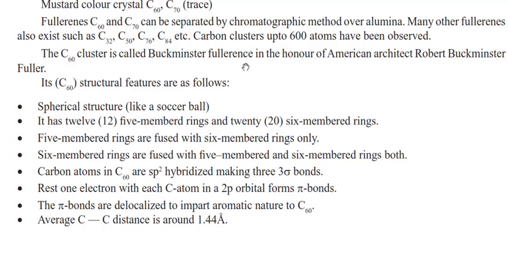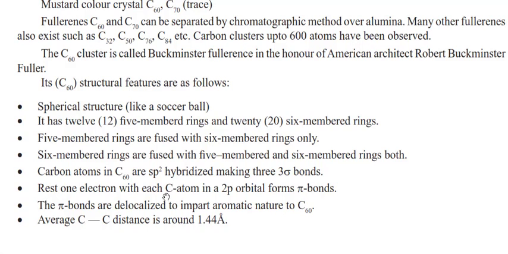The C60 cluster is called Buckminsterfullerene in honor of the American architect Robert Buckminster Fuller. Special features of fullerene: it has a spherical, football-like structure, with 12 five-membered rings and 20 six-membered rings fused, and the six-membered rings are fused with both five- and six-membered rings. The carbon hybridization is sp2, making a 3-bond structure.